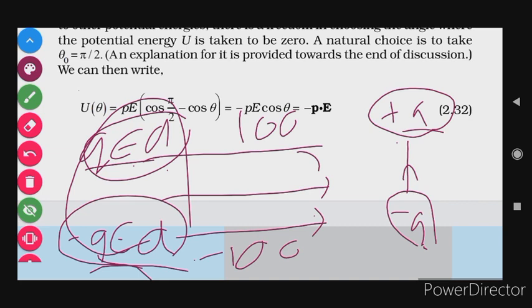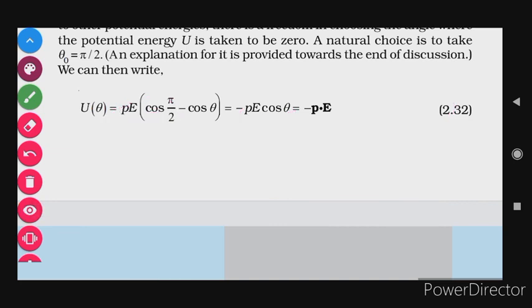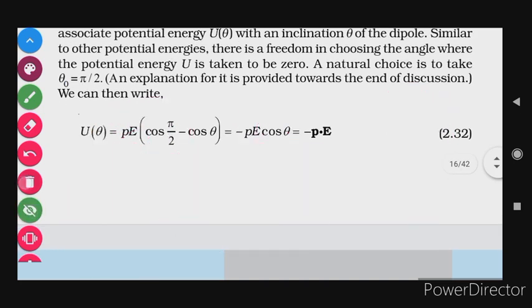Because the total work is 0, the potential energy of the system in this orientation is 0, or there is no work done in bringing the dipole in this orientation. This is the reason I have chosen 0 at that orientation. So our θ0 we have taken as π/2.